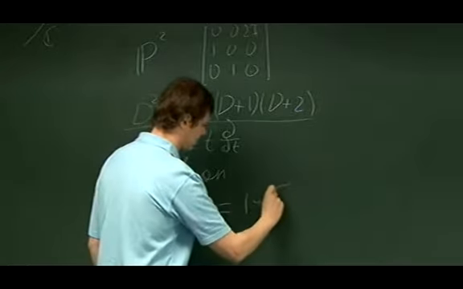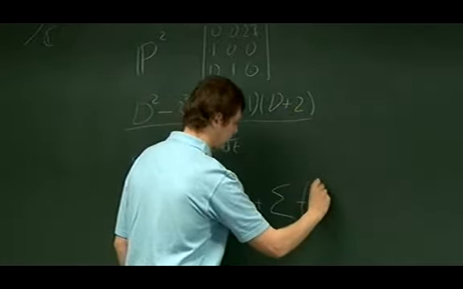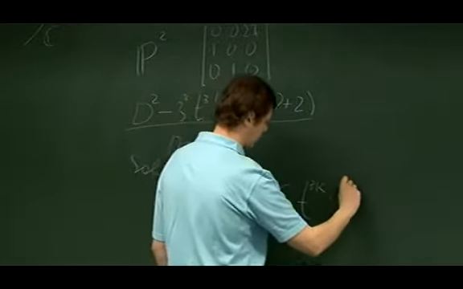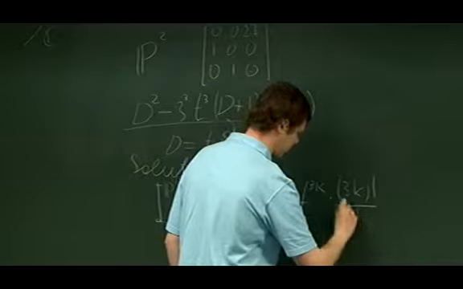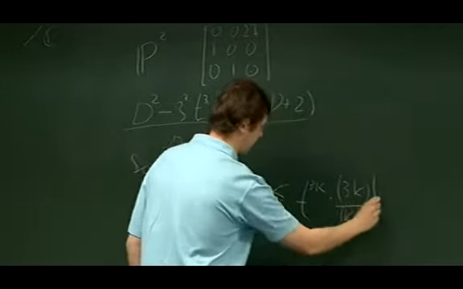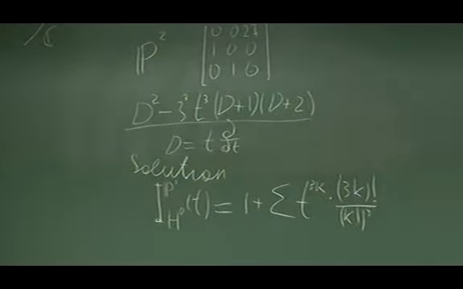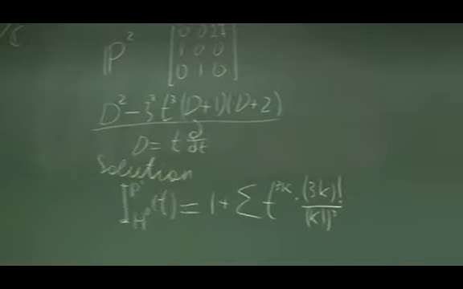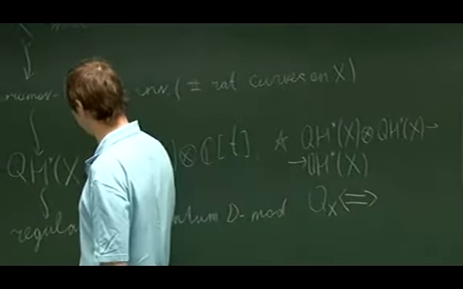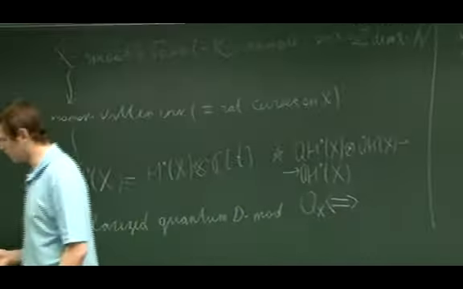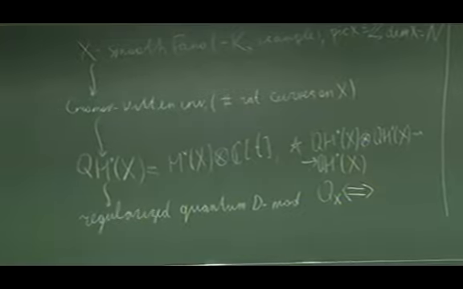1 plus the sum of t^(3k) multiplied by (3k)! divided by (k!)^3. And actually all the information about Gromov-Witten invariants, about this quantum D-module and so on, is contained in this distinguished solution.